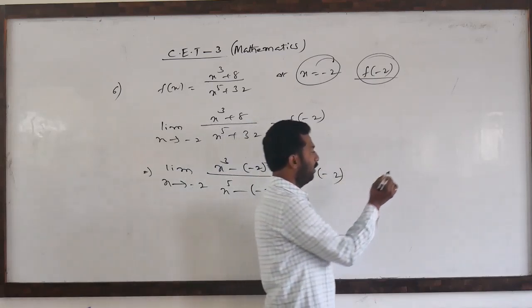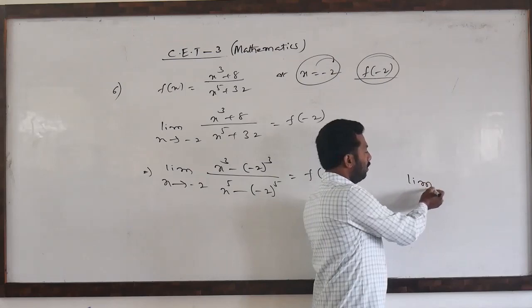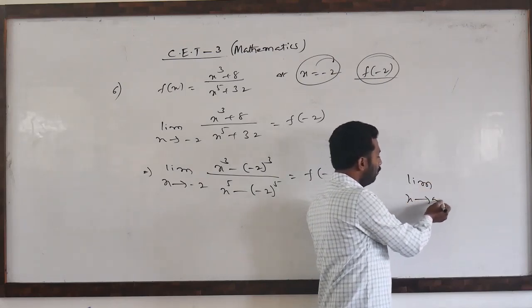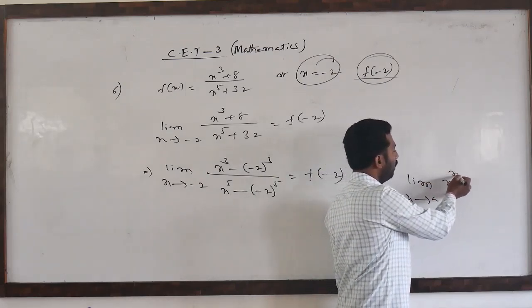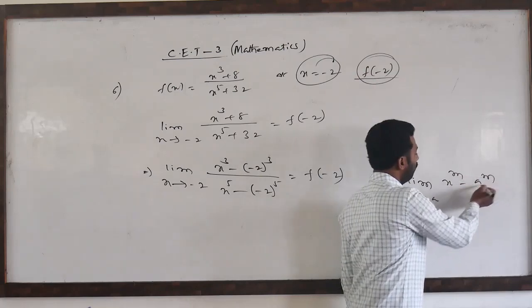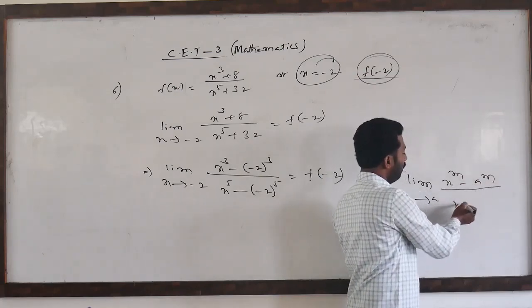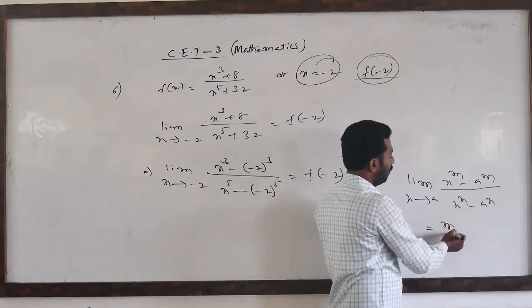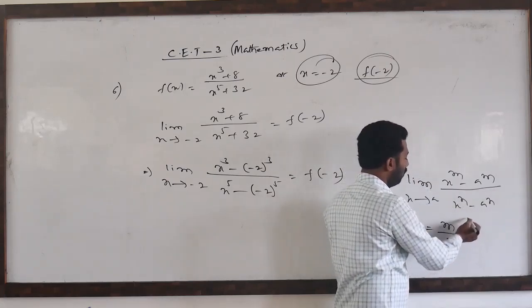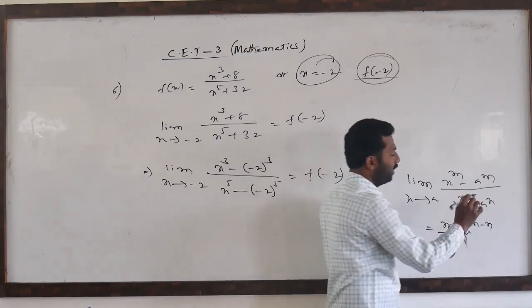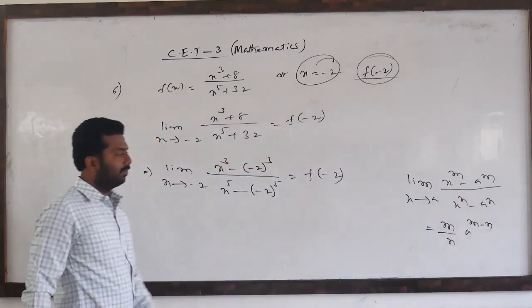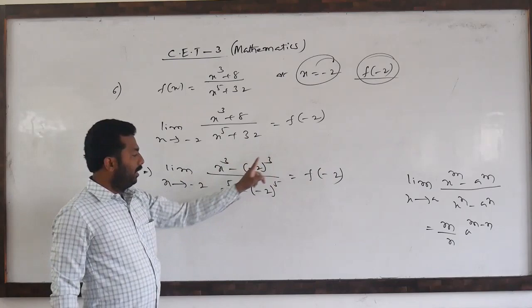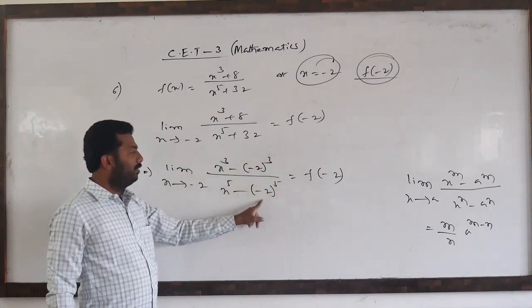One result in limits: the limit as x tends to a of (x to the power m minus a to the power m) divided by (x to the power n minus a to the power n) equals m by n into a to the power m minus n. Here m is 3, n is 5, and a is minus 2.